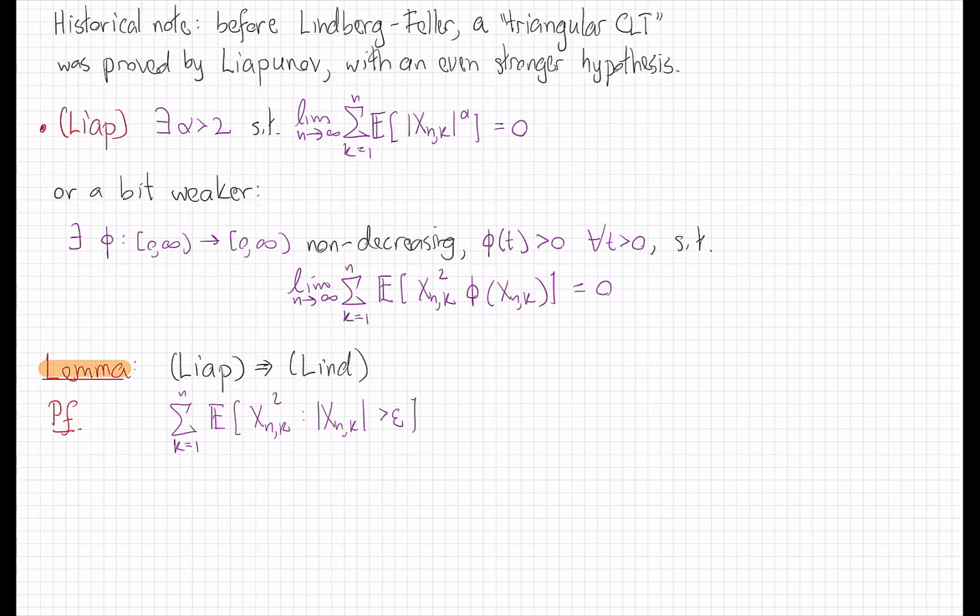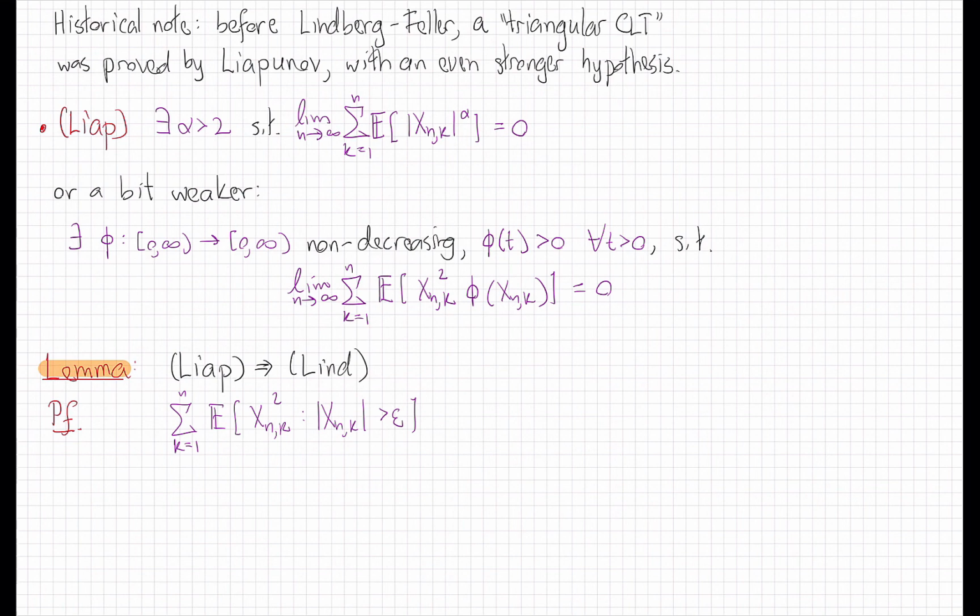The assumption is that there is some alpha strictly greater than 2, so that not only are the terms X n k in L alpha, but so that the sum of the expected values of |X n k| to the alpha converge to 0 as the row number tends to infinity.